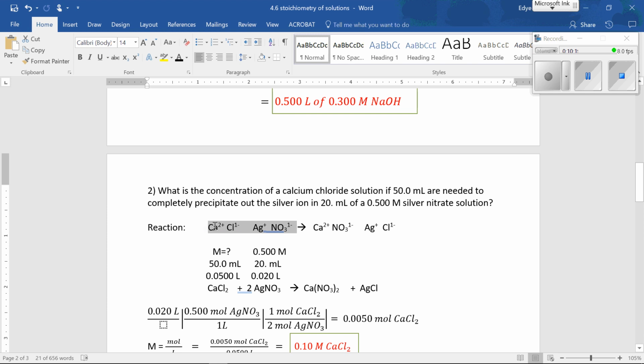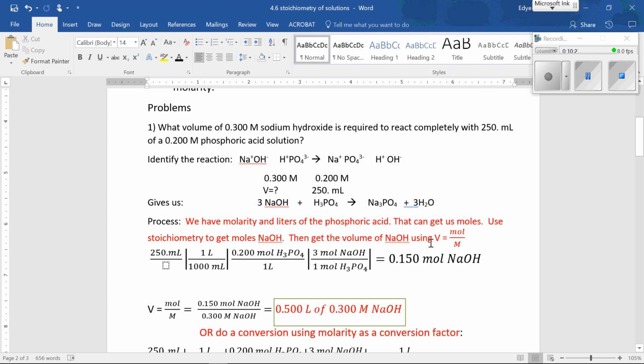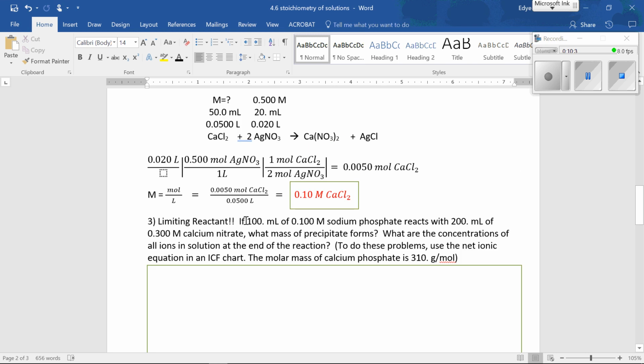We didn't ask anything about the products, just questions about the reactants in both this question and this question. Only reactants were asked about. Now, in this question, you're given the information about two reactants and you're asked about a product. And remember, if we're given information about two reactants and asked about a product, that means we have a limiting reactant problem.